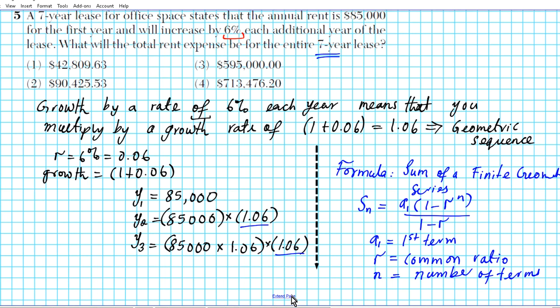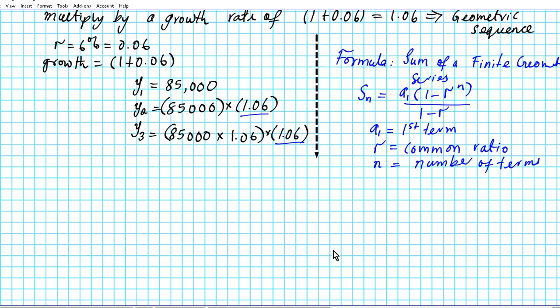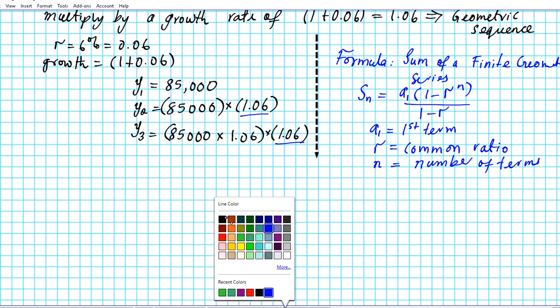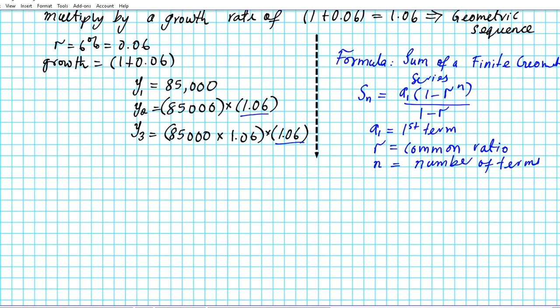Now let's specify what we know and what we need, plug it into the formula, and calculate the sum of the amounts for the 7-year lease. a1, the starting amount, is 85,000. The common ratio is 1.06.